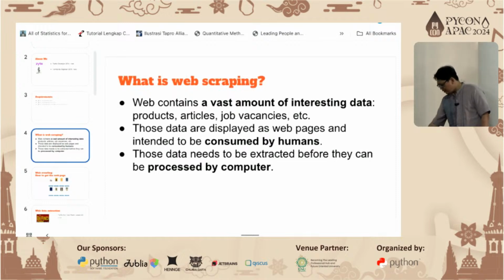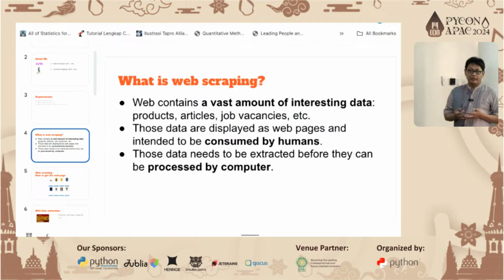For those who are not familiar with web scraping, why are we doing web scraping? Because the web contains a lot of data, and it is often the easiest way to get structured data. The problem is the data is presented for humans and not for another software or computer to process.